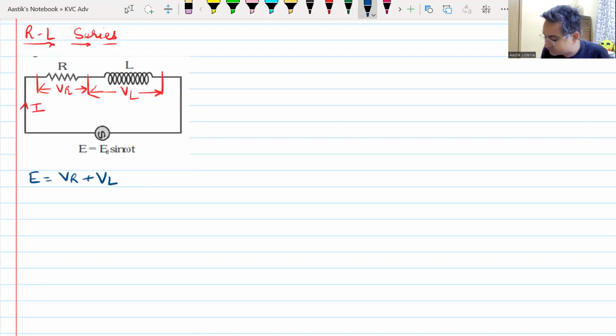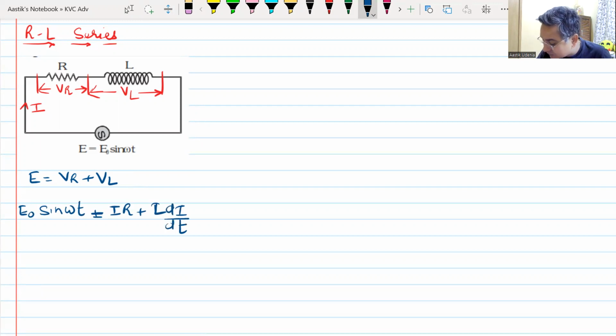Yes or no? Yes, sir. This total EMF E can be written as E naught sine of omega t, that would be equal to VR, which is I into R, plus VL, which is L into di by dt.